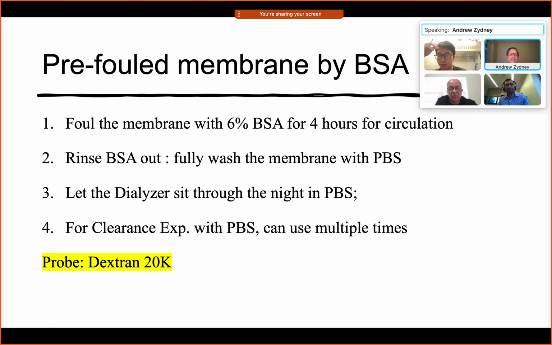So for these experiments, I would consider this to be an appropriate fouling model. And should we simulate the practical use, which is during hemofiltration, or should we just circulate the BSA again and again? Would the practical mode make more sense to you, running 4 hours in hemofiltration mode, like a blood patient would do in dialysis?